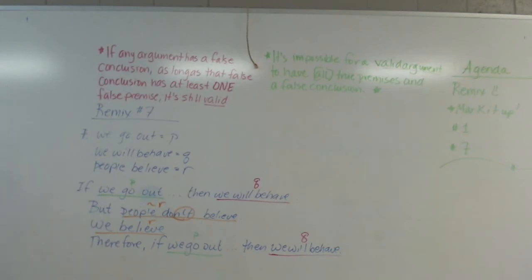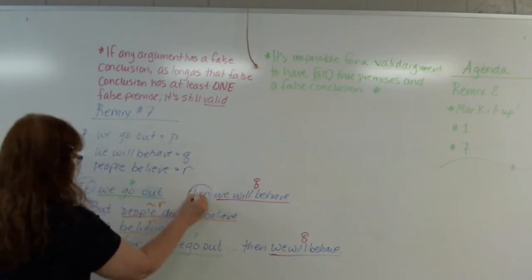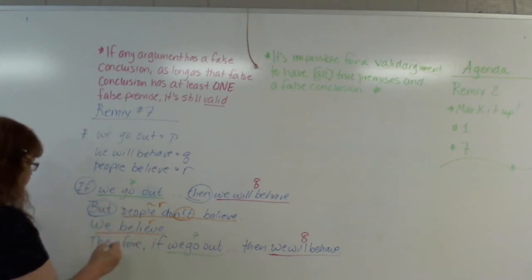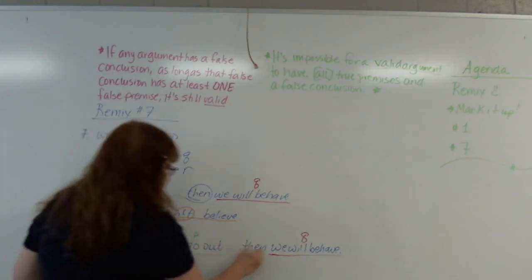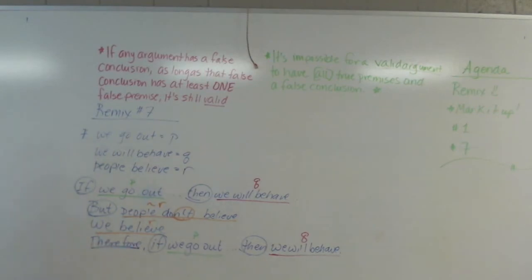So I have my variables already set up, and then I mark my if-thens. Circle my if-thens, circle my ands, but is just another reason for and. Here's another if-then, and here's my therefore.